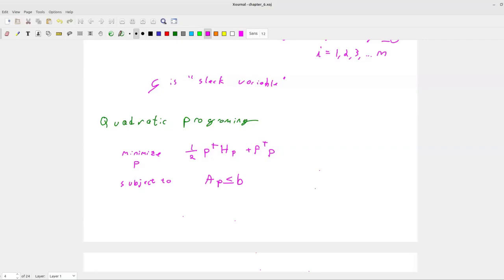So you have a number of matrices and vectors here. We won't go into it because it doesn't really matter here, but that's your standard quadratic programming.